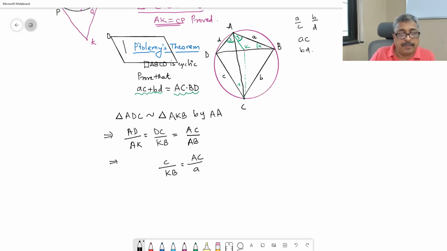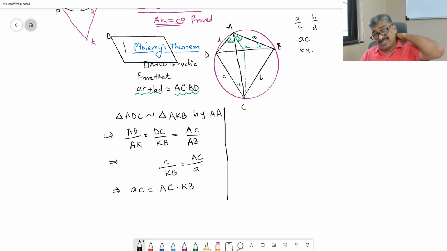This is the ratio we want, and therefore by cross multiplying we get AC into KB. First part of the story. Now, because these two triangles are similar, there is one more pair of similar triangles.